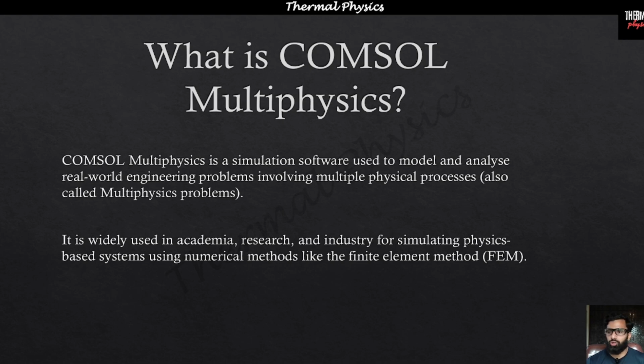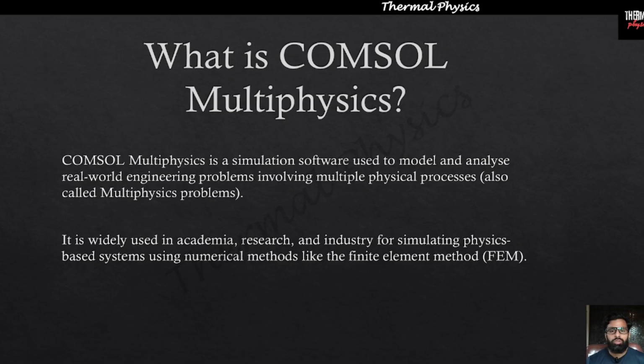So it is a simulation software used to model and analyze real-world engineering problems involving multi-physical processes. Especially this software is designed to solve those systems which involve not just one physics but more than one physics.